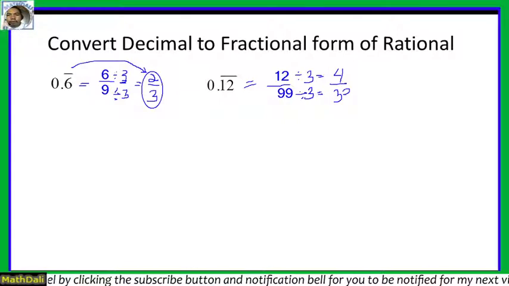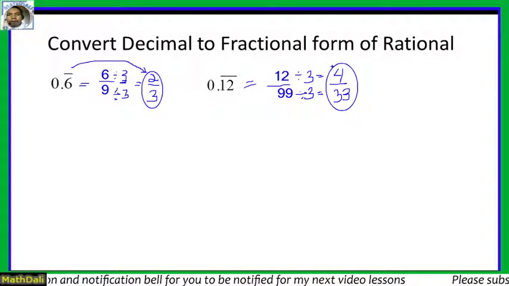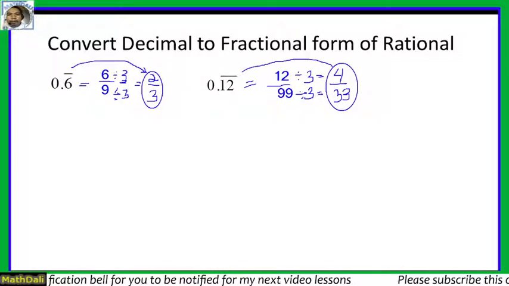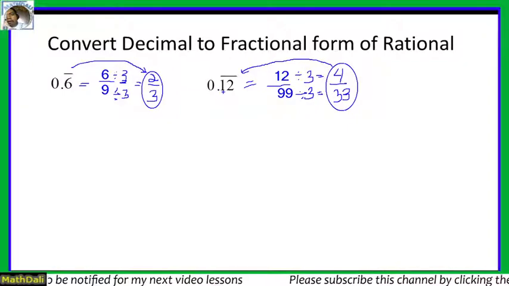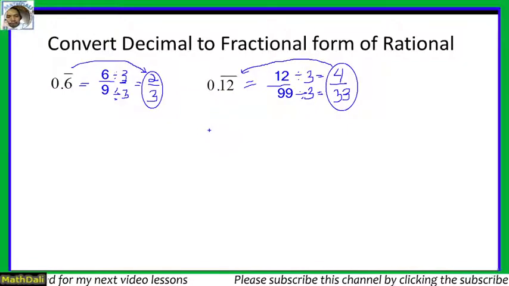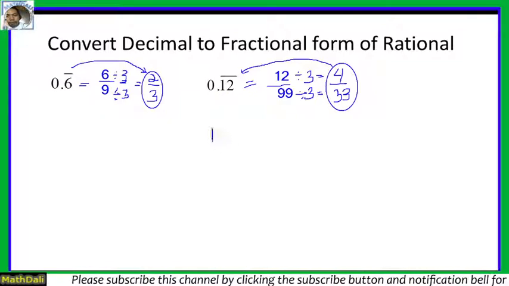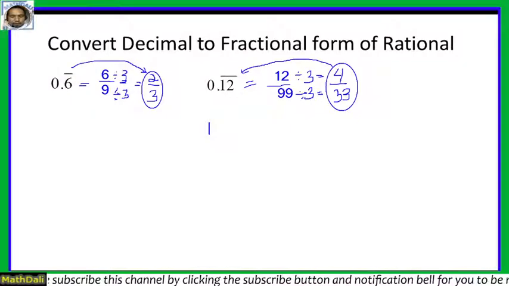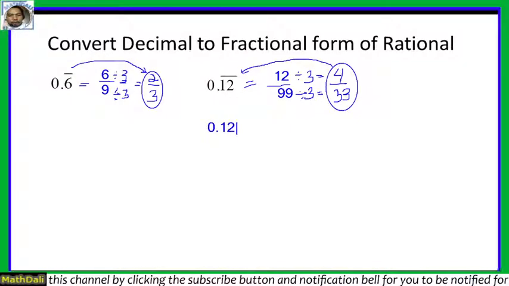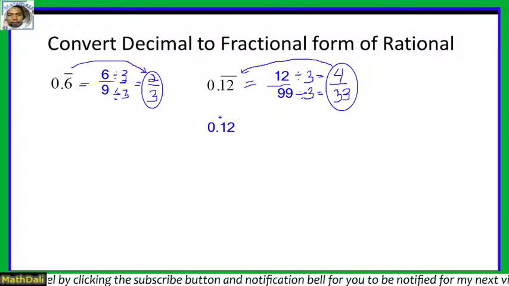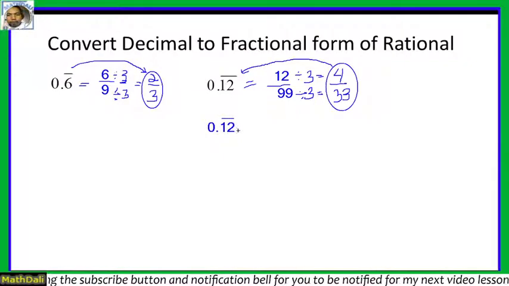Ayan. Okay, so ito yung ating fractional form ng decimal na repeating. Yan yung 0.12 repeating. Kung saan yung 0.12 na yan, yung ibig sabihin yan, nauulit yung ating 12 dito, continuous. So, itong 12 na to, paulit-ulit yan.